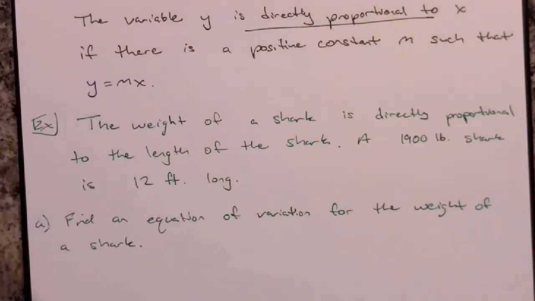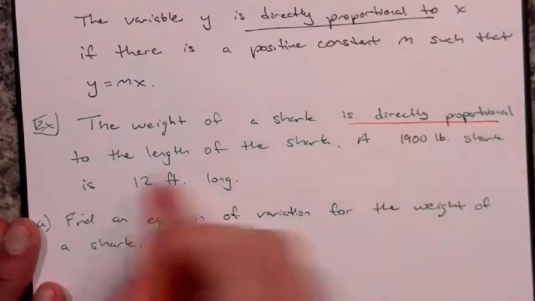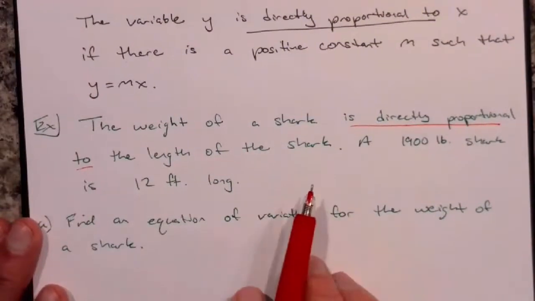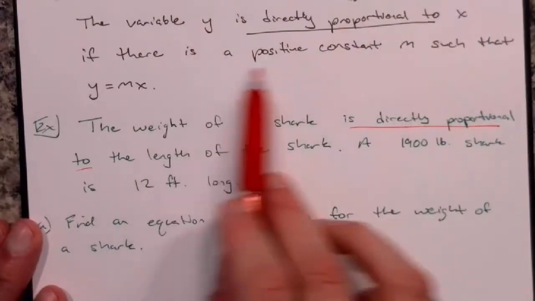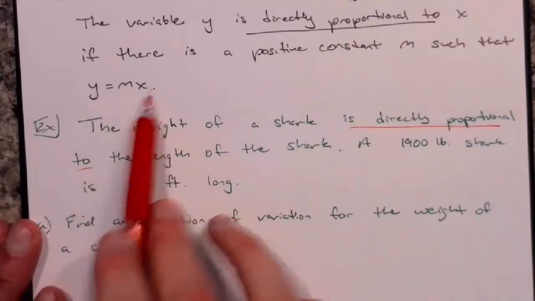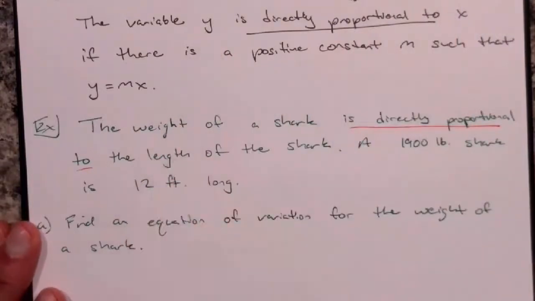So first off, what we should notice is that it's telling us the weight of the shark is directly proportional to the length of the shark. That's similar to what we said in our definition above: the variable y is directly proportional to x means I write it so there's some positive constant m such that y equals that constant times x. So think about what y and x would be in terms of this example.